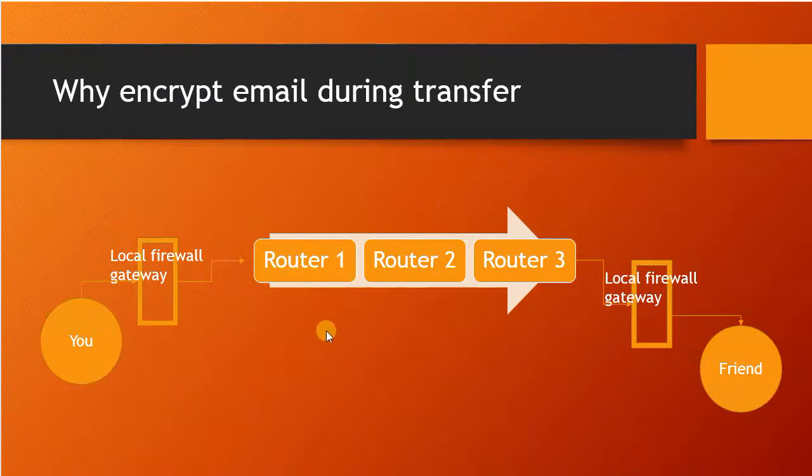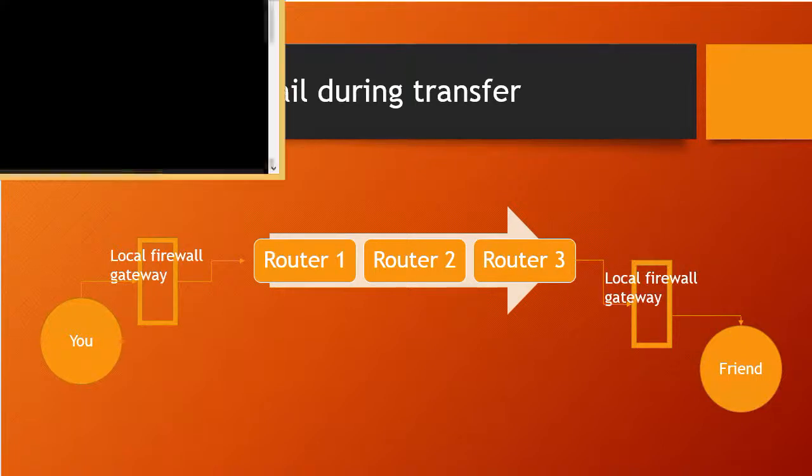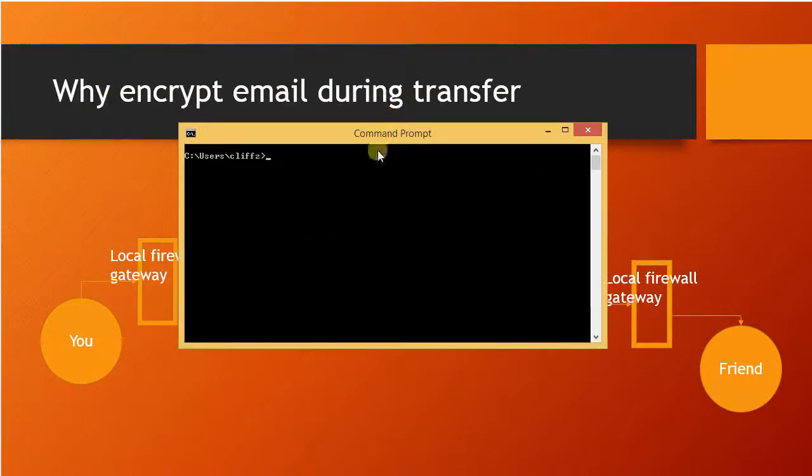Let's take a look at how many routers we're going to have for common communication. For example, we can take a look at Google's Gmail to see how many routers we will use.